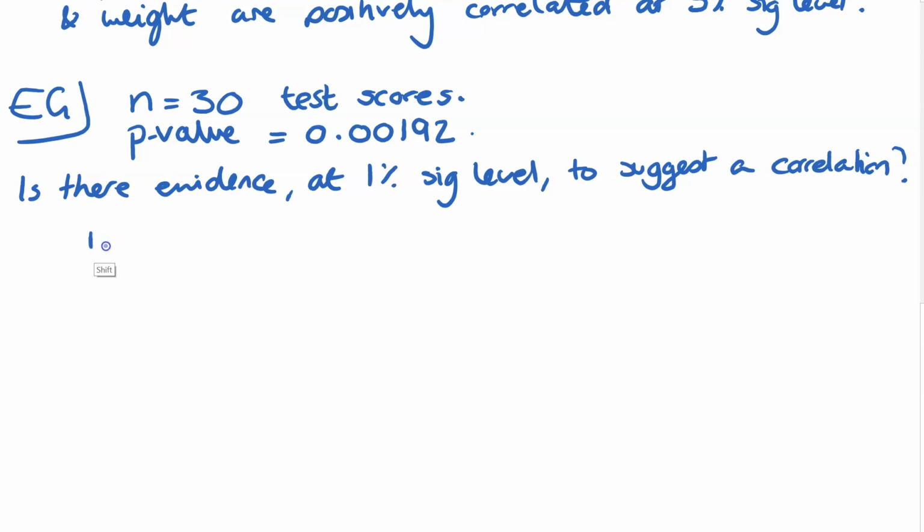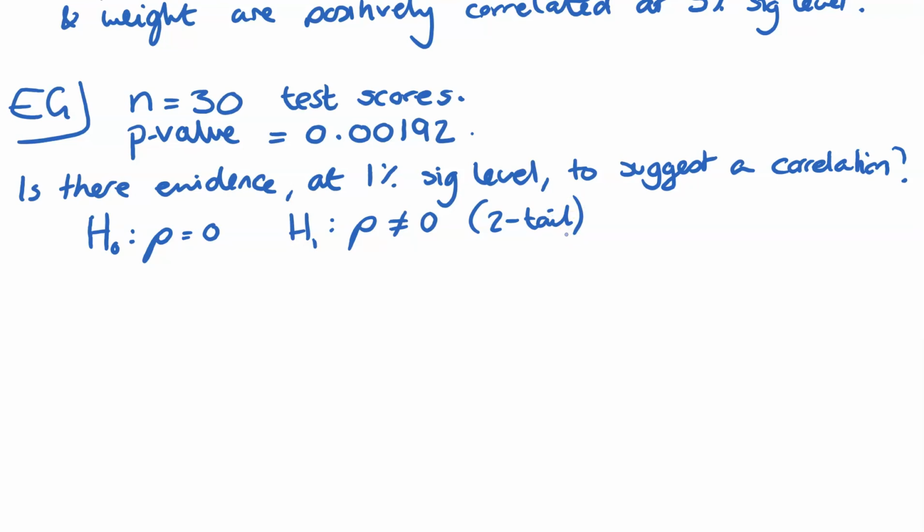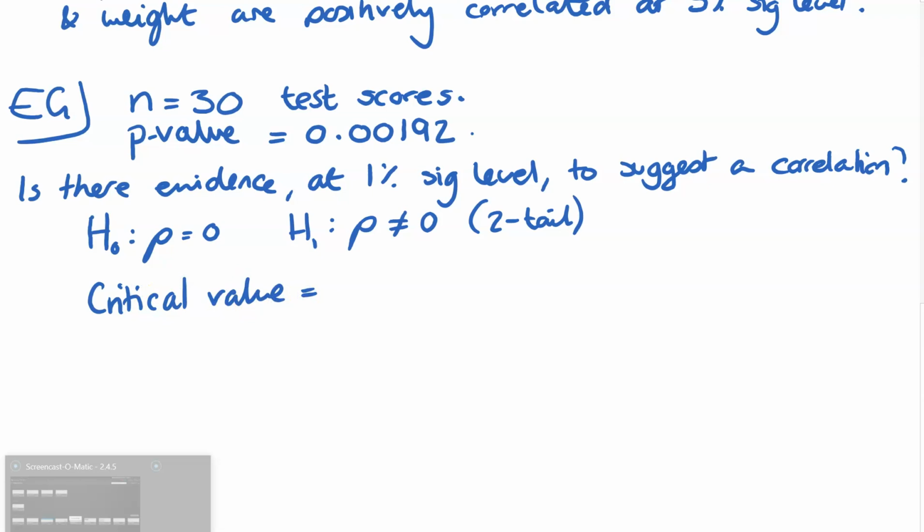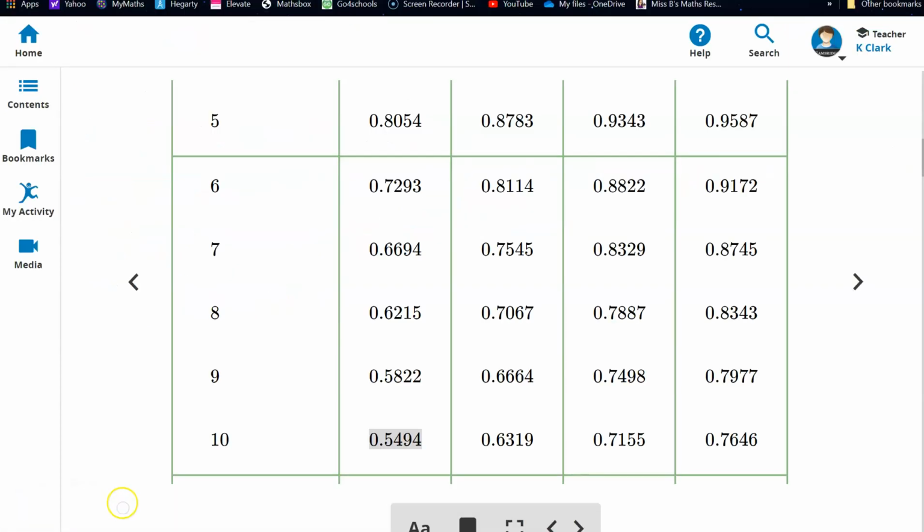So we know H0 says that rho is 0. We know that H1, in this case, is going to say rho is not 0. So that means it's going to be two-tail. We know n, we know 30. So we can look up the critical value. Let's go back to my tables.